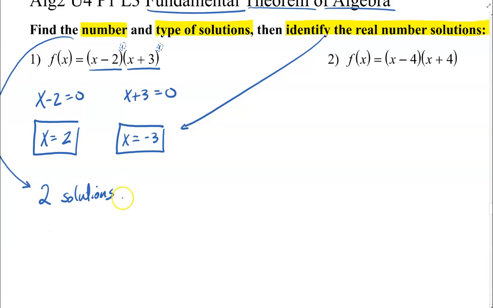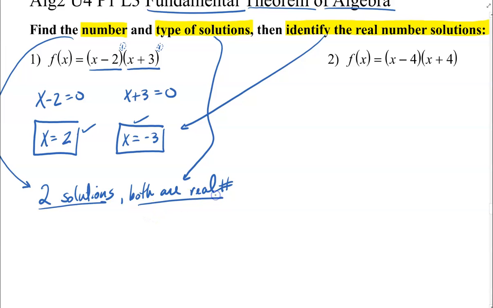And as it turns out, both of them were real. So the type of solutions, we can say that both of them are real numbers because we found 2 solutions, 1, 2, and both of those were real. So the 2 solutions that were found in this particular problem are both real numbers.